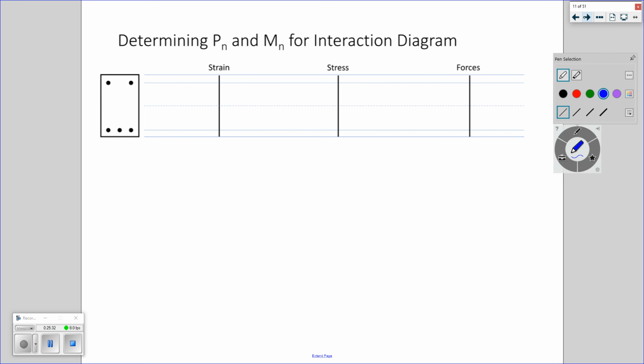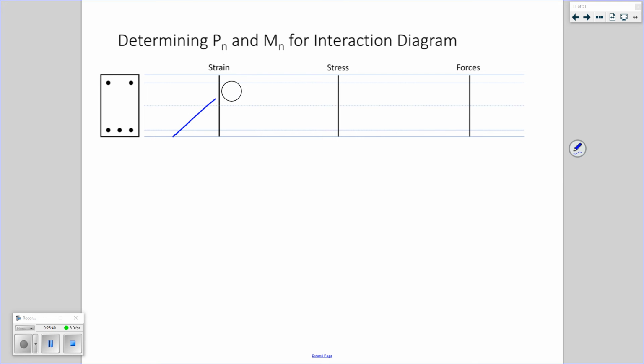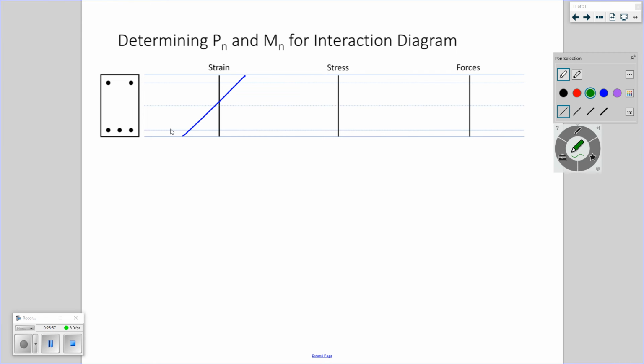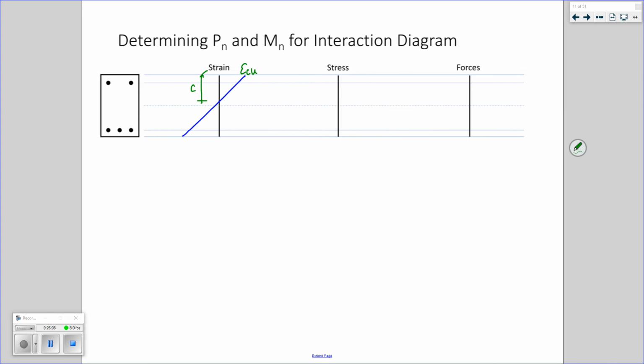So if we have our strain profile, right? That's an extreme one. Let's do a little less extreme. I don't want it to go through that center line. Okay. And let's see, we have our strain profile. It's got a C. We know the C, or we can figure it out because we've figured out ECU, and we have some sort of strain in our tension steel 1.